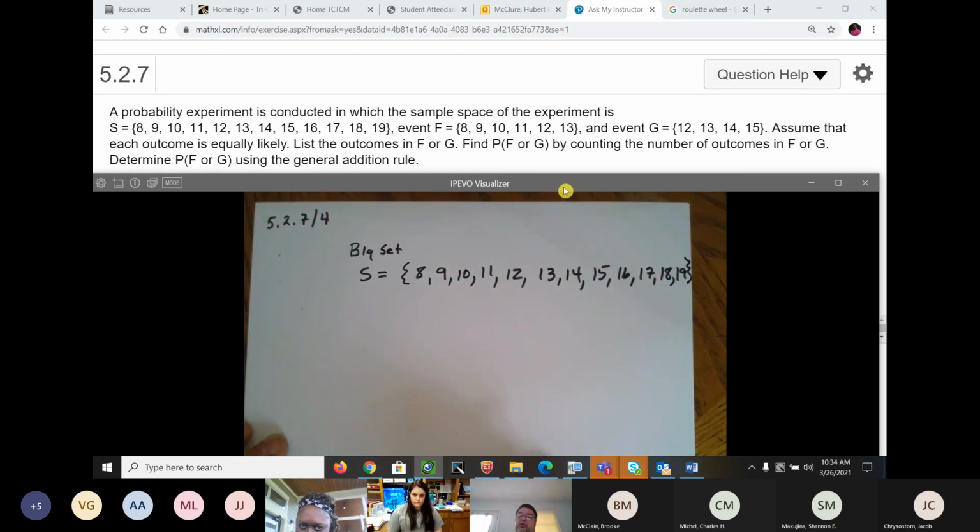That's the big set. In other words, F and G could not exist without S. Okay, so S is your big set.